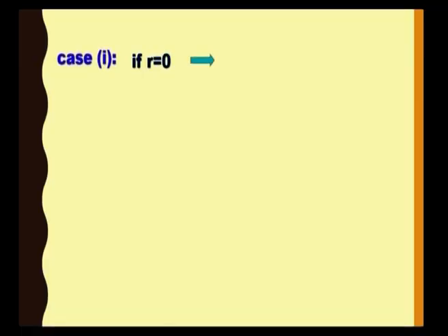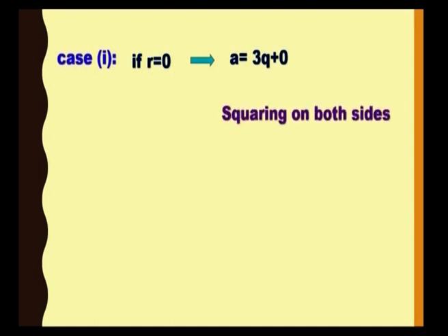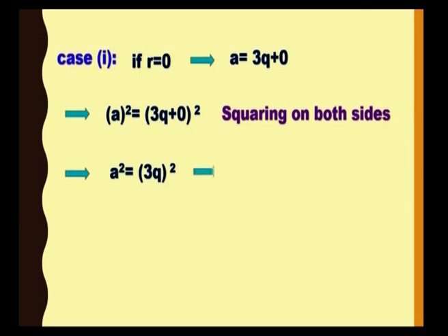If r is equal to 0, I can write a is equal to 3q plus 0. The question is about the square of any positive integer, so I need to square on both sides. Then a square is equal to 3q plus 0 whole square, which can be written as a square is equal to 3q whole square, which is a square is equal to 9q square.